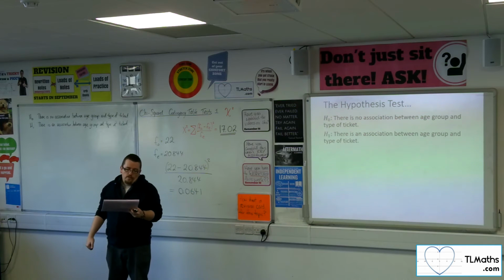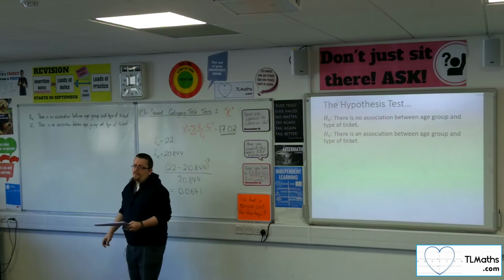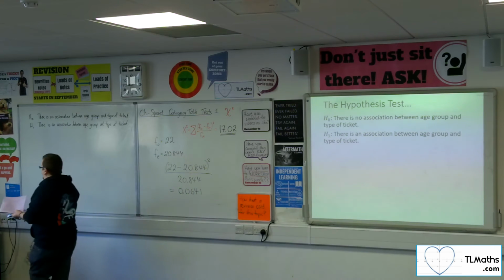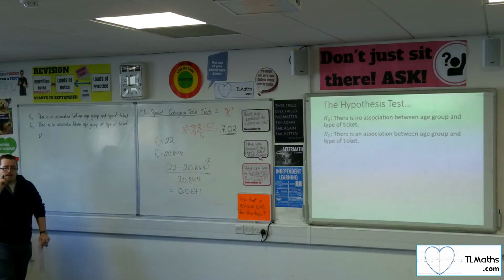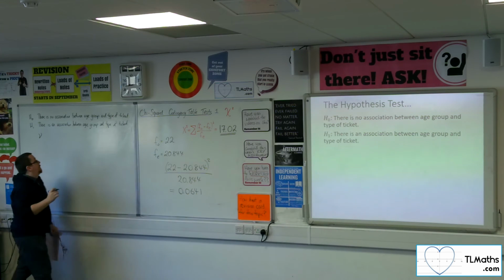Now, one thing that we don't know is what this V value is. Now, it's not actually a V, it's a Greek letter, the Greek letter nu. Looks like that, okay? And it represents the degrees of freedom.